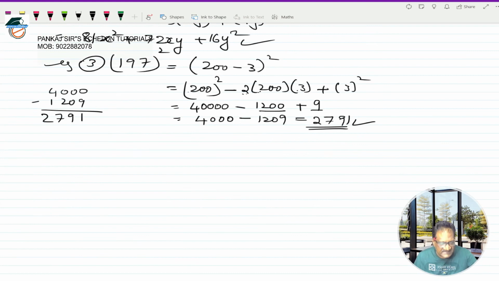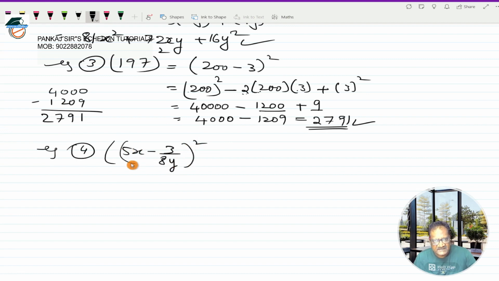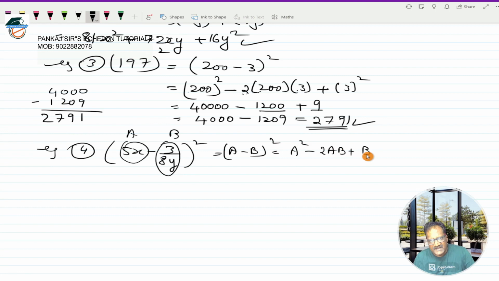Now quickly let us work out the fourth one also. Example number 4 is 5x minus 3 upon 8y the whole square. So this is my a, this is my b, and this is a minus b the whole square, which should be equal to a square minus 2ab plus b square.